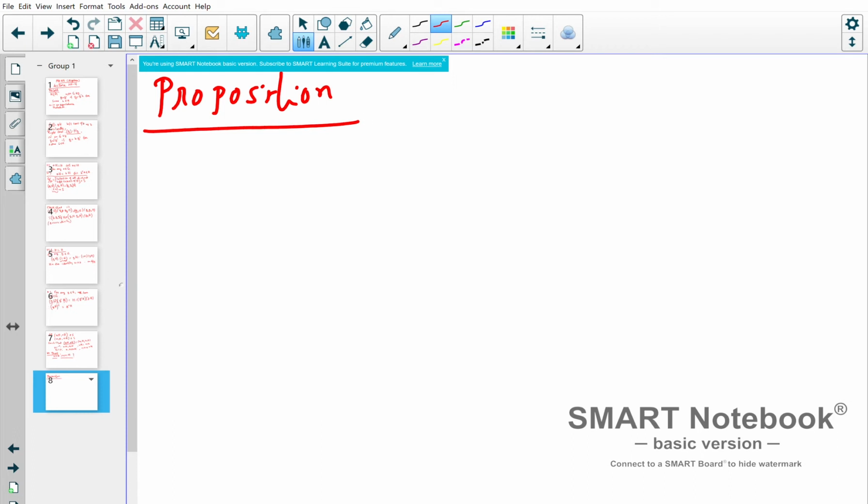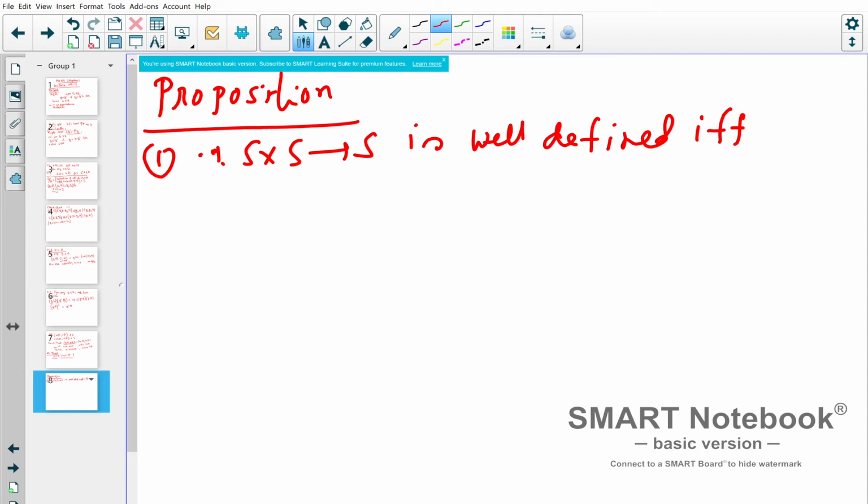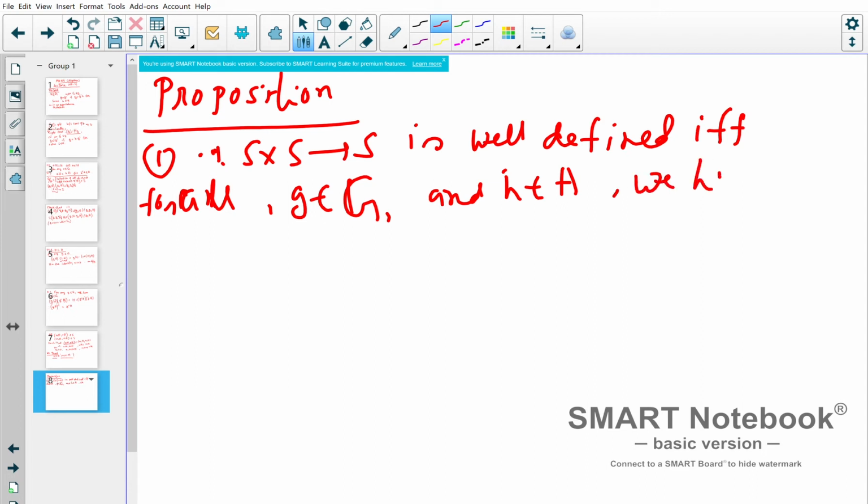This proposition tells us that this star from S cross S to S is well defined if and only if for all g belonging to G and h belonging to H, we have GHG inverse is an element of H. This is the necessary and sufficient condition for the operation to be well defined.